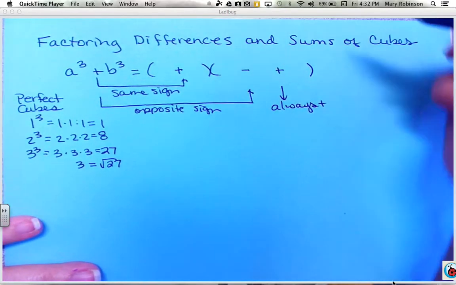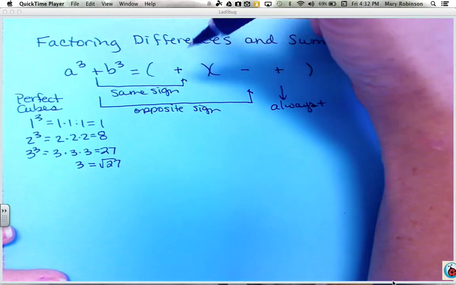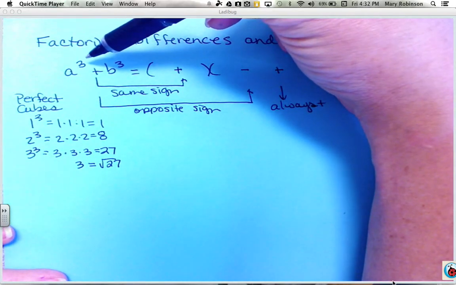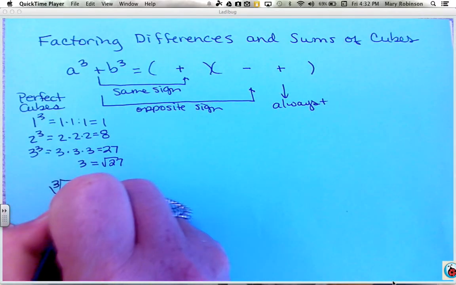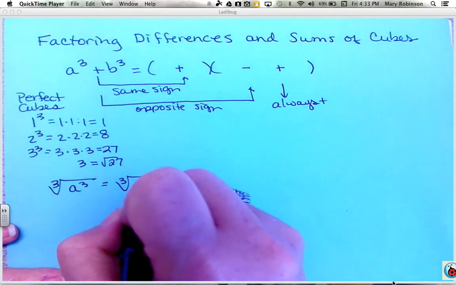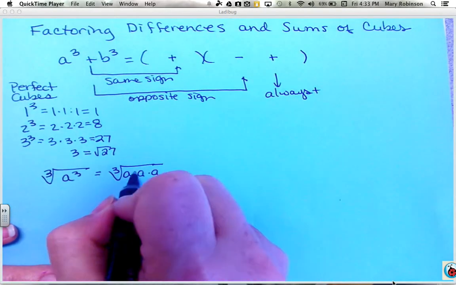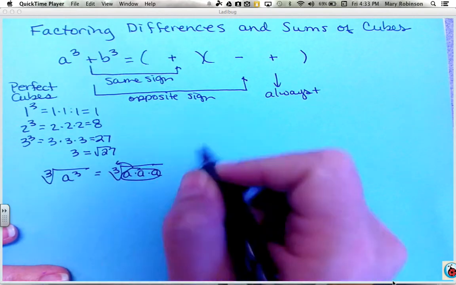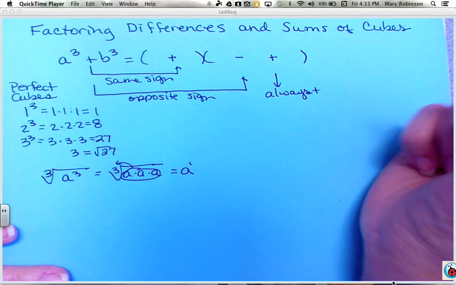Okay? So to complete these factors, we first want to think about taking the cube root of a cubed. So if I want to know the cube root of a cubed, I'm going to think, well, that's 3 of what factor? Remember, we've already covered radicals. So if you have 3 a's, the cube root means you have one group of 3 a's.